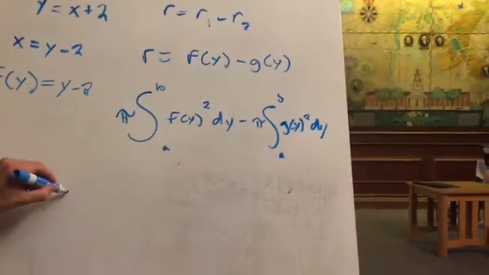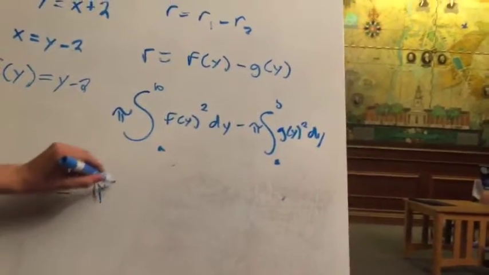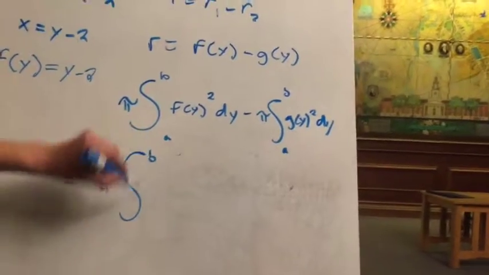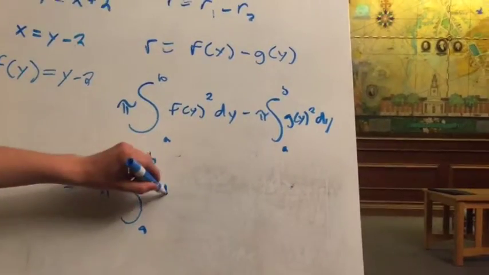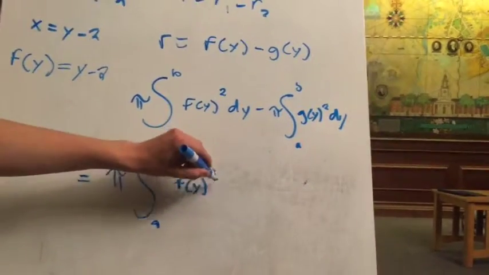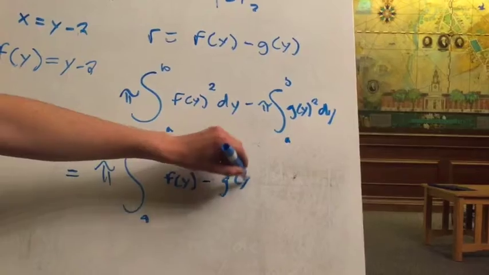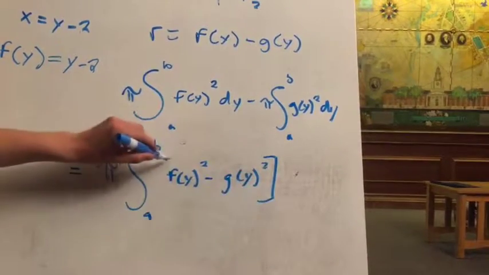This of course simplifies to pi times the integral between b and a of f of y squared minus g of y squared dy.